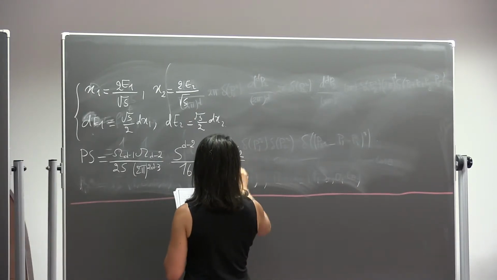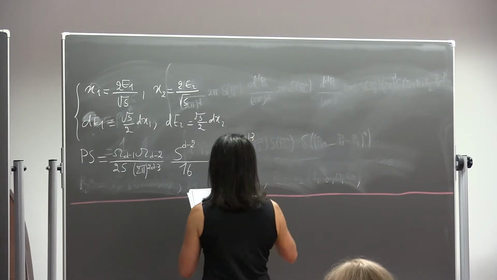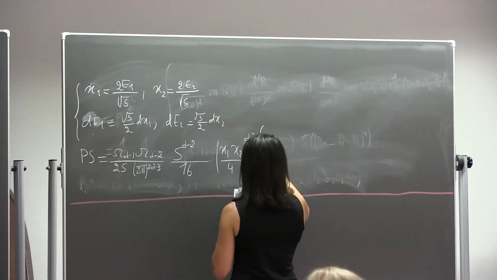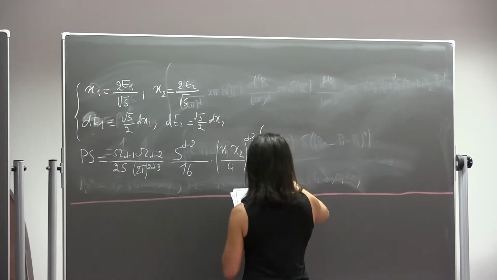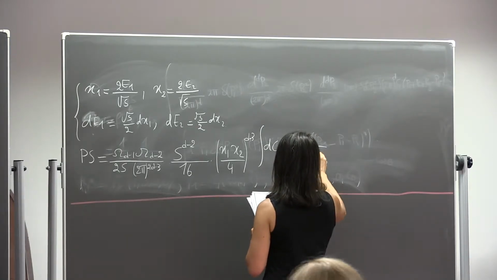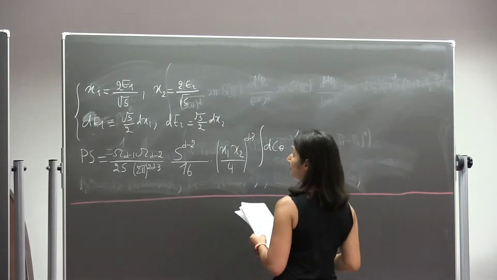So we have x1 x2 divided by 4 to the power d minus 3, and I have an angular integral d cosine theta times 1 over 1 minus cosine theta squared to the power epsilon.